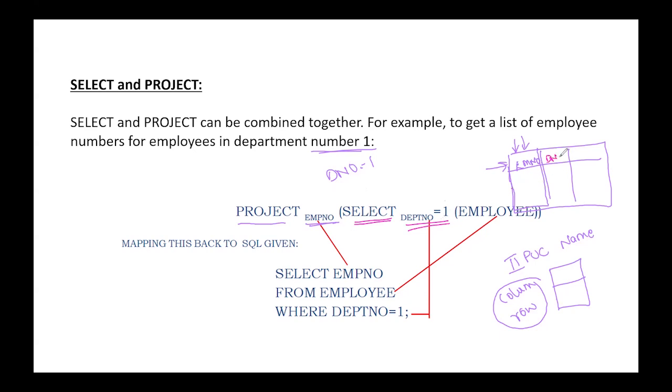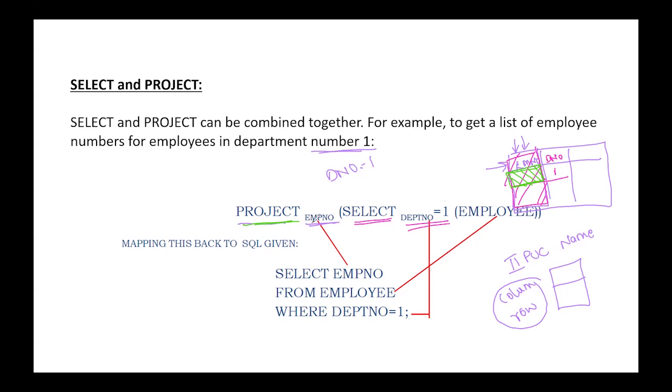So there will be department number, isn't it? So department number, whichever is matching with 1. For example, if this is 1, which means I want only employee number. Okay, this column, under that I want only department number 1, which is this one. So only this particular cell will be selected. I hope this is clear.